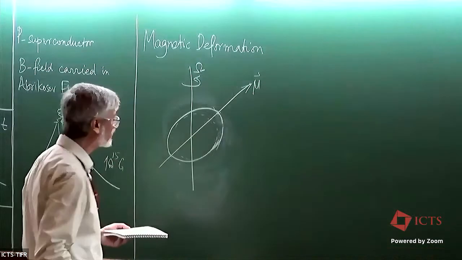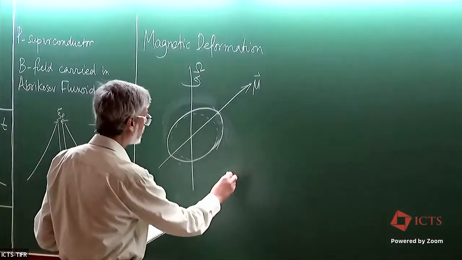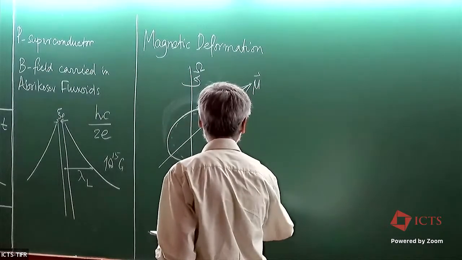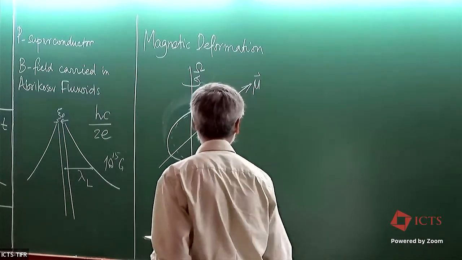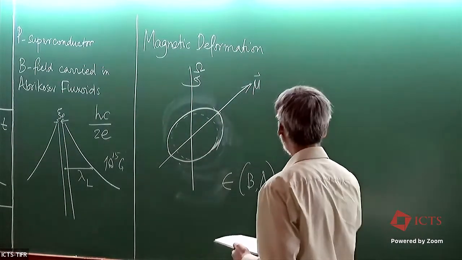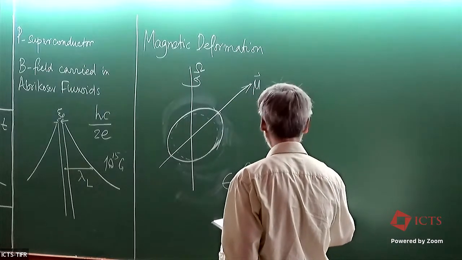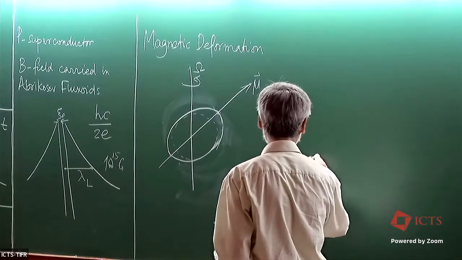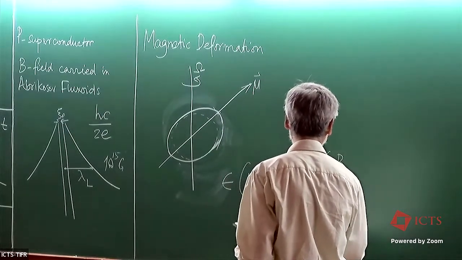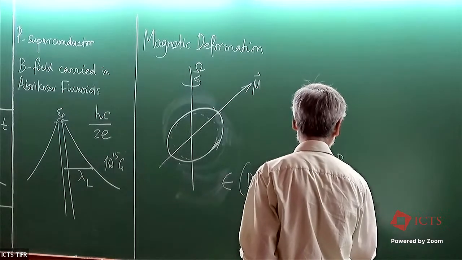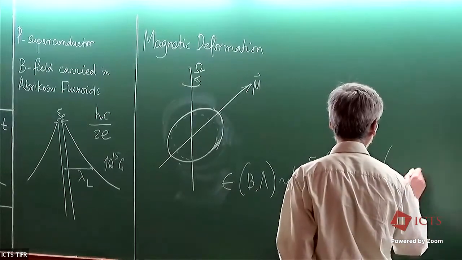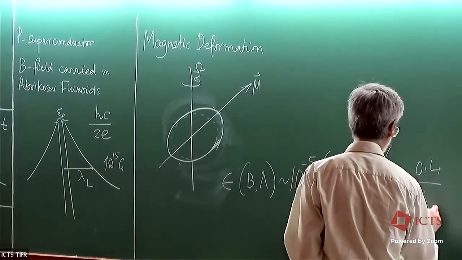So how much is the magnetic deformation that we expect? So the ellipticity for a given magnetic field and a ratio called lambda, I'll tell you what that ratio is, is roughly equal to 10 to the power minus 5 times 1 minus 0.4 by lambda.